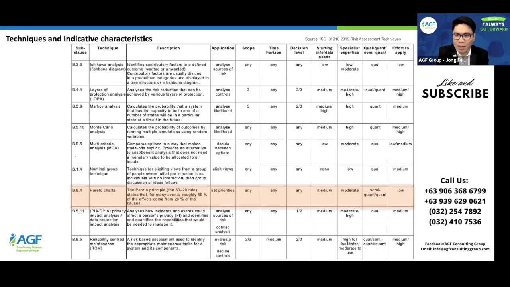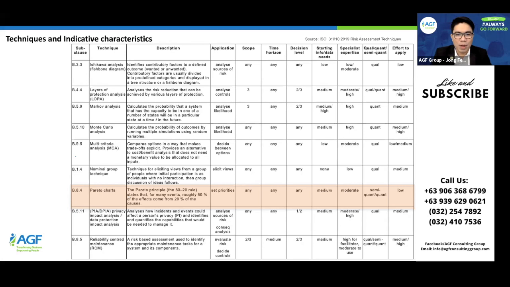Are you following that? So we focus on the vital few, which is the 20%. That's Pareto charts. Again, you can use this tool across the different layers of your organization, whether process level, department level, or across the organization.